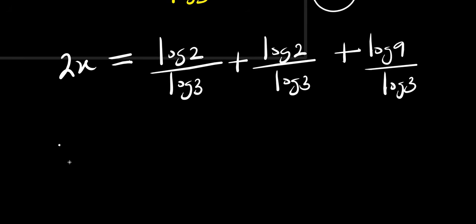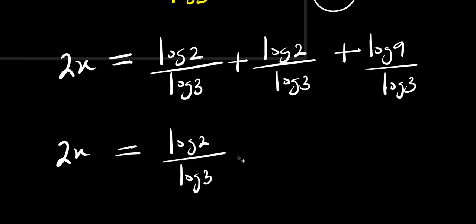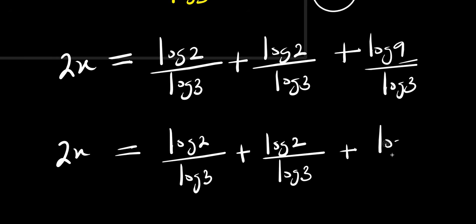So right here we have 2x equals log 2 divided by log 3 plus log 2 divided by log 3 plus log 9. We can express it as log 3 power 2 divided by log 3.